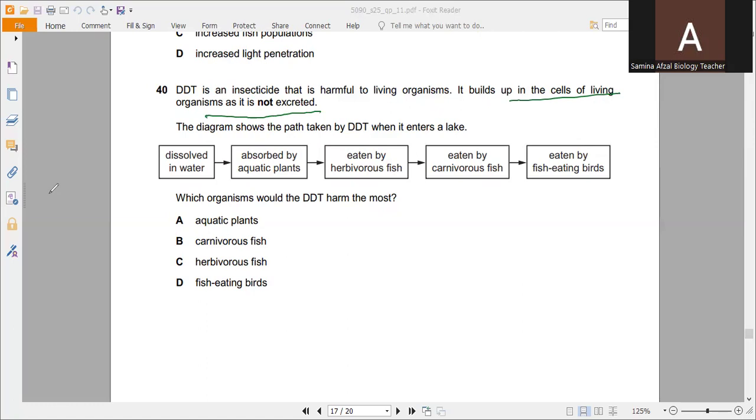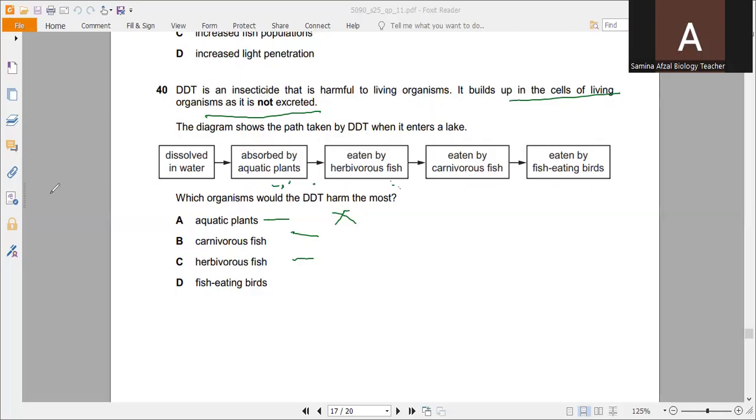When it is dissolved in water, it is absorbed by aquatic plants, then eaten by herbivorous fish, carnivorous fish, and fish-eating birds. Since it is not excreted, aquatic plants will absorb a small amount. It will be stored, and when these plants are eaten by herbivorous fish, all that DDT is transferred into the fish.